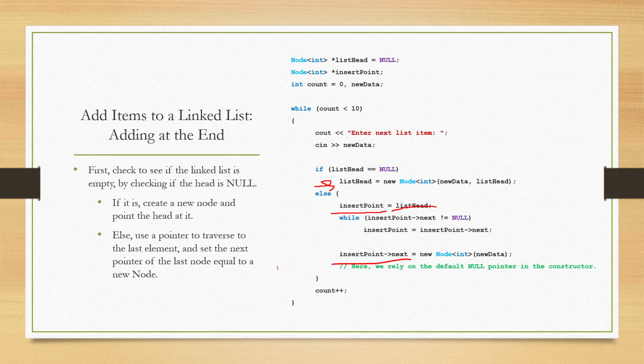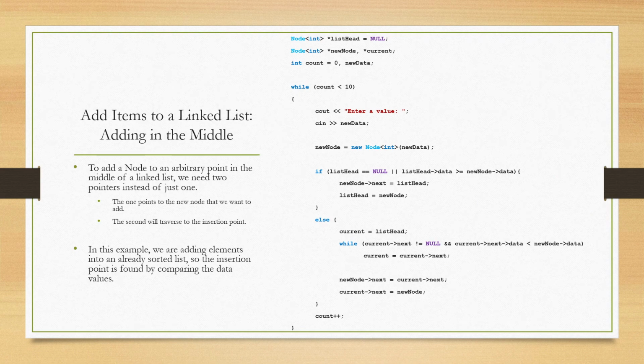As you can see in this piece of lines, this one's adding a new node and already setting it with a null pointer. And the insert point next is the previous node, and I'm just connecting it to this one because previously, next used to be a null pointer. If you don't have a null, then I think it crashes or something. So you're good.